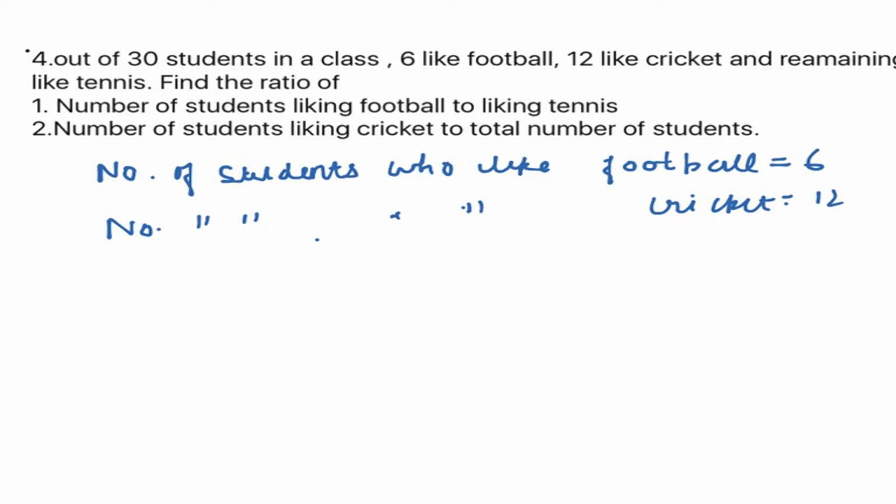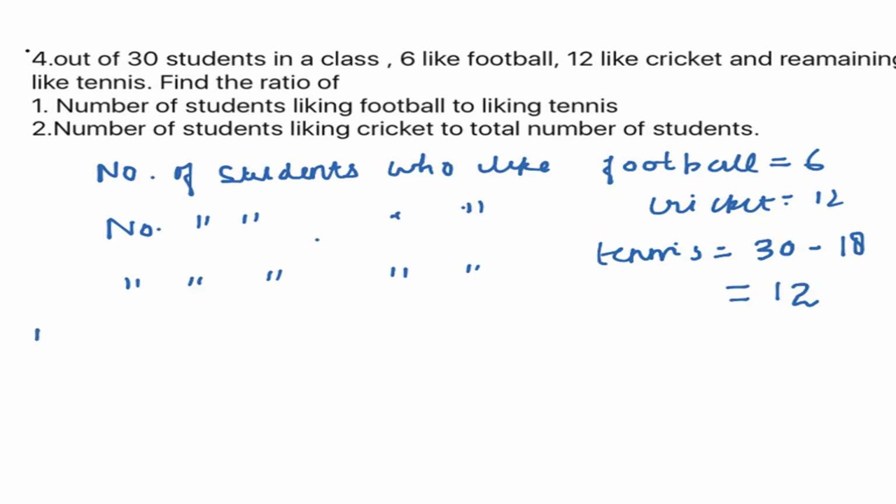Right. Next, the number of students who like tennis. So tennis is the remaining. How will we find it? We have a total number of students of 30, and we will add the numbers who like football and cricket, that is 18, and subtract from this. So it means there are 12 students who like tennis.